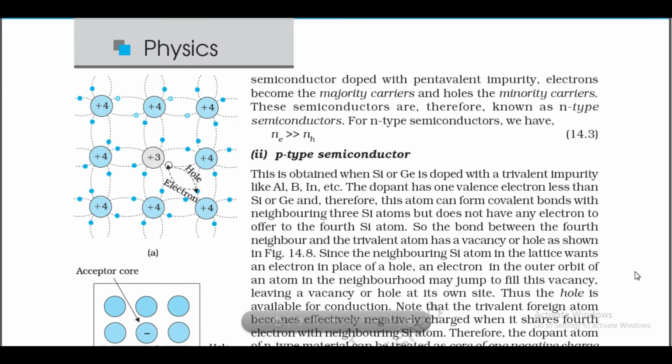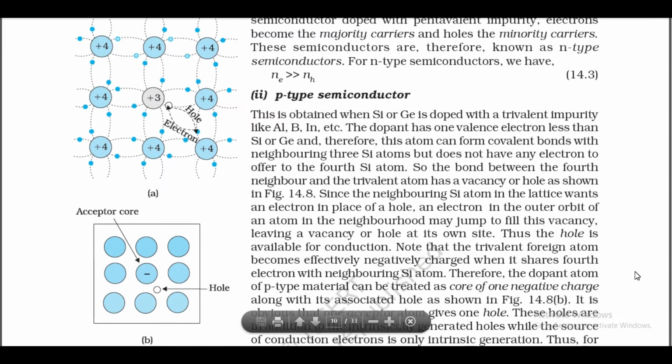Second, P-type semiconductors. This is obtained when Si or Ge is doped with a trivalent impurity like Al, B, In, etc. The dopant has one valence electron less than Si or Ge and therefore this atom can form covalent bonds with 3 neighboring Si atoms but does not have any electron to offer to the fourth Si atom.